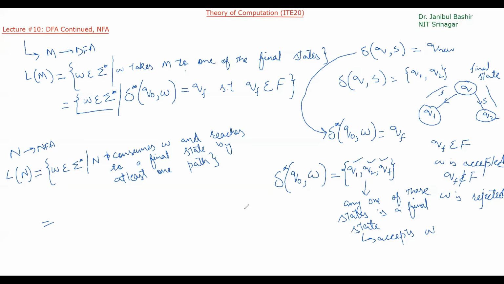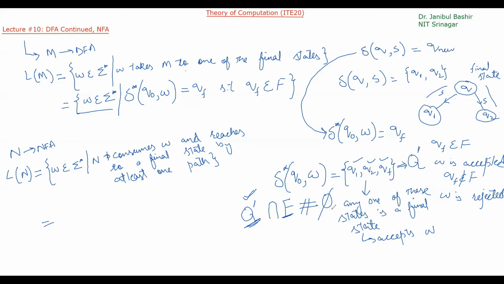However, if none among these is a final state, then we say our NFA rejects this particular string. So another way to write it: if this is our set, let's represent it with Q dash. If Q dash intersection F, where F means the final states, is not equal to phi, what does that mean? It means that in Q dash there is at least one state that is also in F, the set of final states.